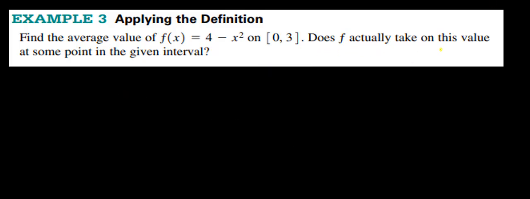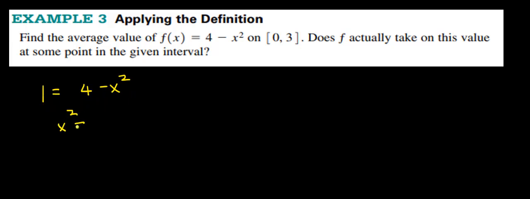Now in order to answer the second part of the question, we found out that the mean value or average value was 1. So does f actually take on this value at some point in the given interval? Well, think about it. f of x is 4 minus x squared. Now we're going to find the value of x so that this equation is true.